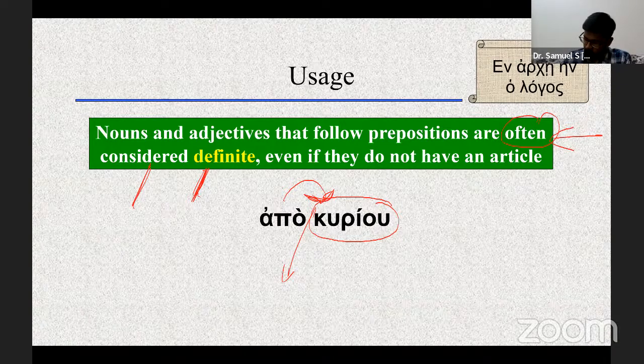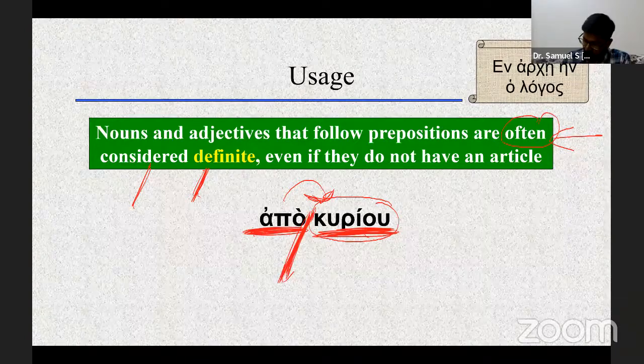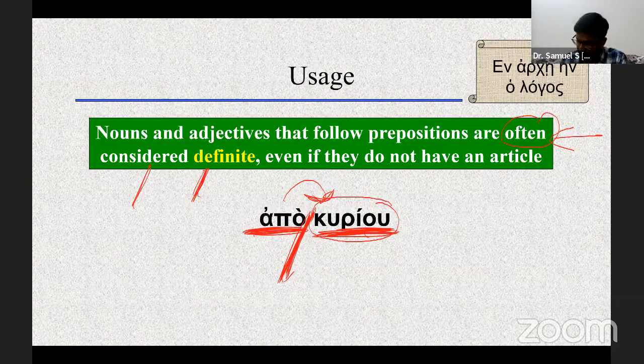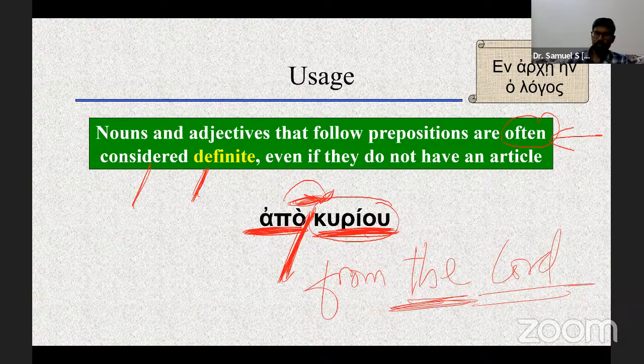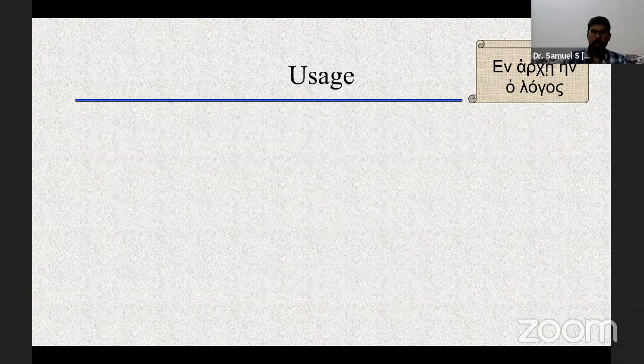So you see a preposition, you see the noun or adjective that follows it, even if it does not have an article, most often you just translate it definitely. So you say, from the Lord, when you translate it. You add the definiteness, even if there is no article.